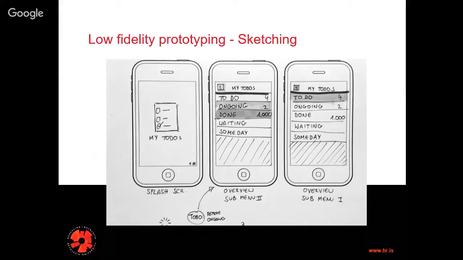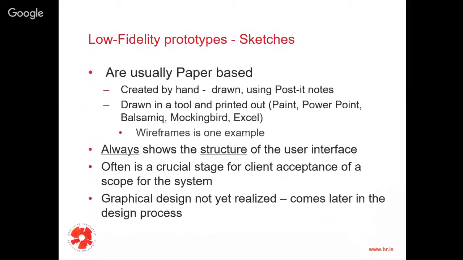No? Okay, I will then continue with the presentation on low fidelity prototyping and sketching. There's also a chapter in the book about this. It's chapter 13. Many of the slides are from the book.